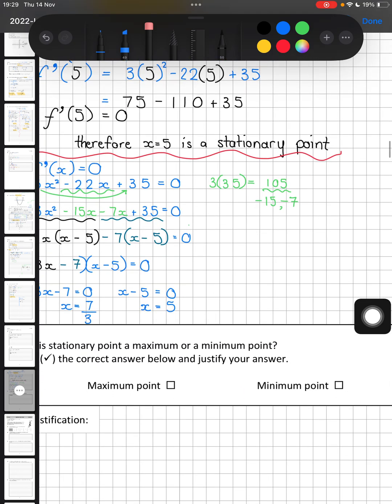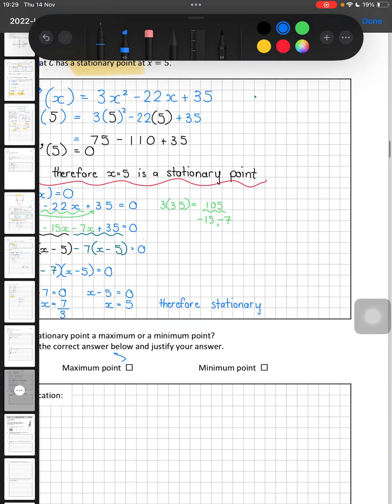So I can now finish my question by saying, therefore, stationary points or turning points, at x equals 5.